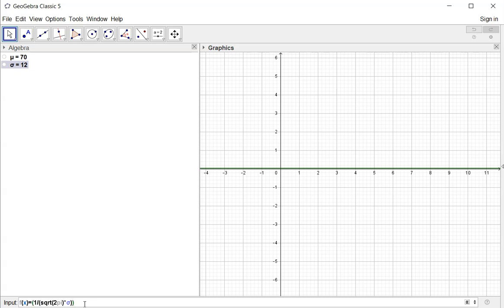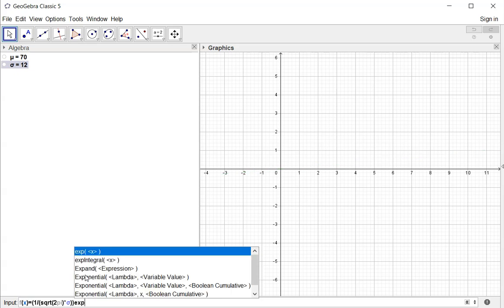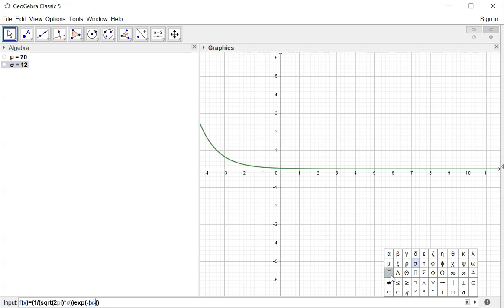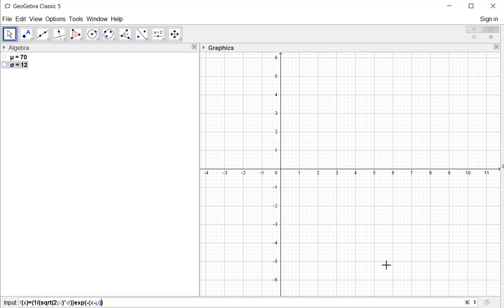Then we have e to the, we can do exp. So here you have exp, then e to the negative quantity x minus mu. So we put mu there, and you have to square that and divide it by 2 sigma squared.